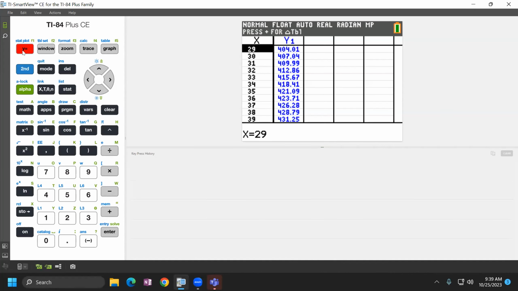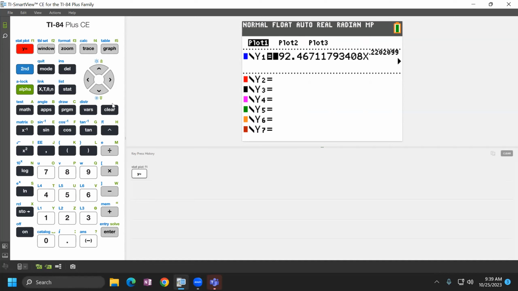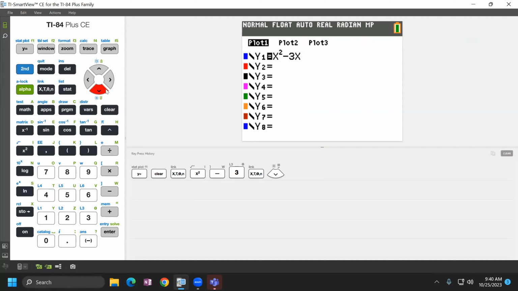So in my y equals, in y1, I'm going to put f of x. And I have f of x from my problem is x squared minus 3x. So I'm going to put that in. And then in y2, I'm going to put g of x, 6 minus x to the third.